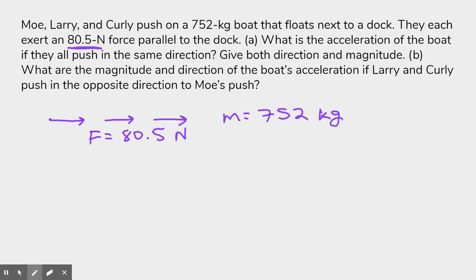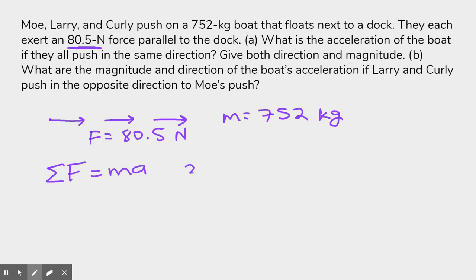Okay, so again, just like the previous problem, this first part is pretty straightforward because we only have motion going in the x direction. So let's take that second law, F equals ma, and just plug in what we know. Okay, so don't forget that this is actually the sum of all the forces, which is equal to the mass times the acceleration. And in this case, we have the same force three times.